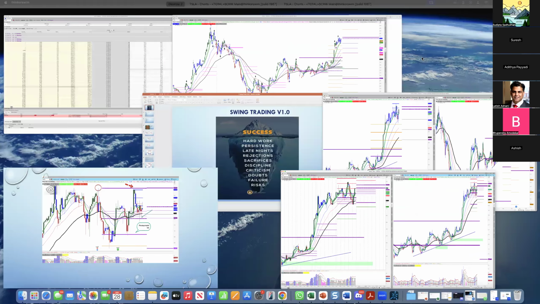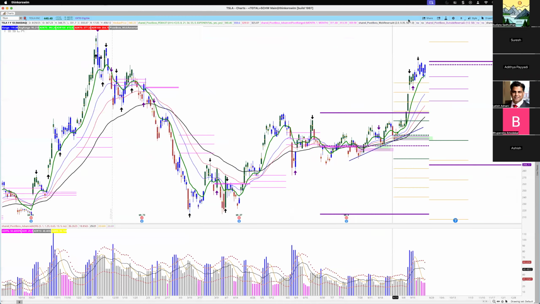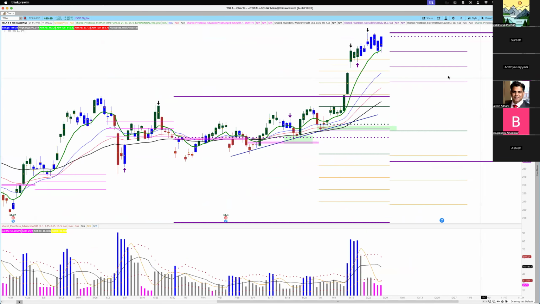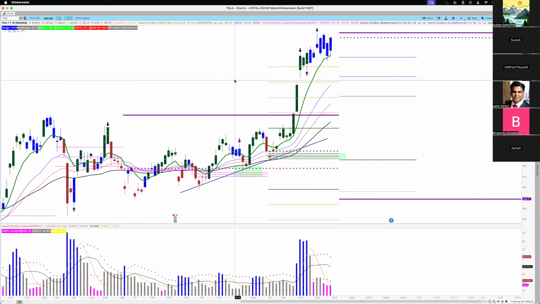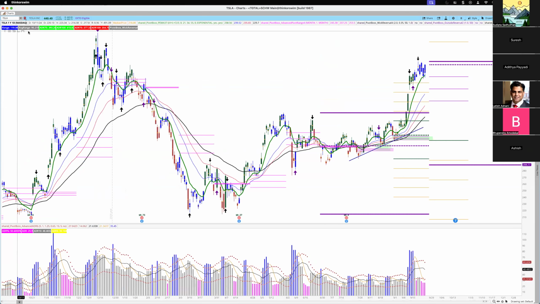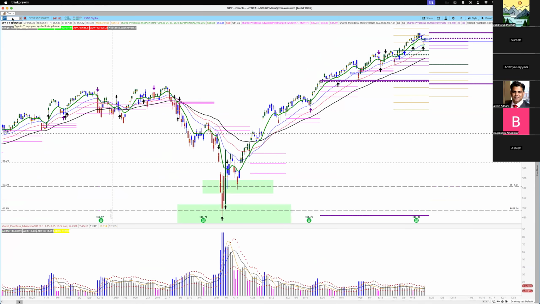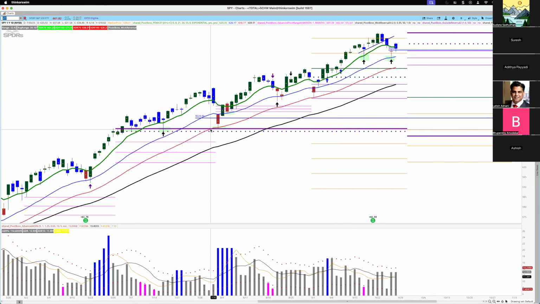Let's talk about daily. This is a daily time frame. What is this on Tesla? Let's talk about SPY. So SPY here, do you know what that is?